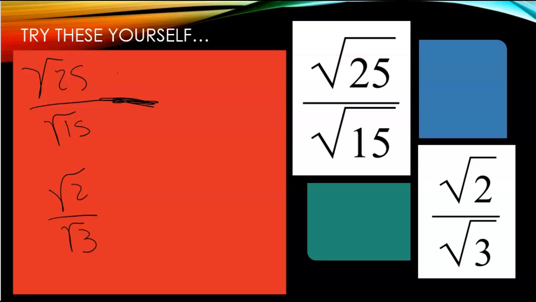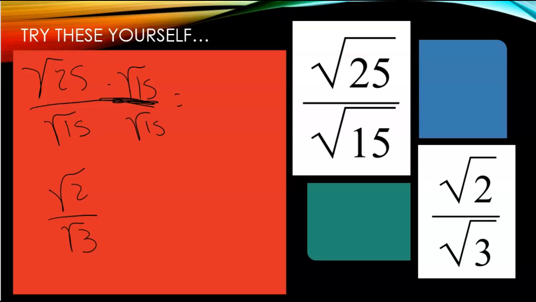Try these yourself. What are we going to multiply the top one by? We're going to multiply top and bottom by radical 15, right?